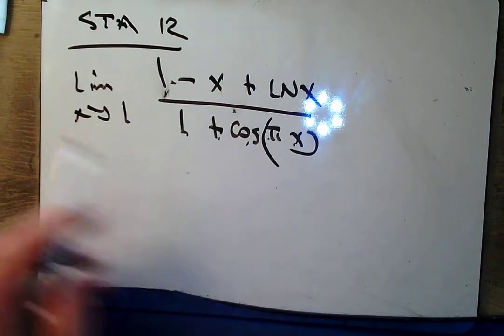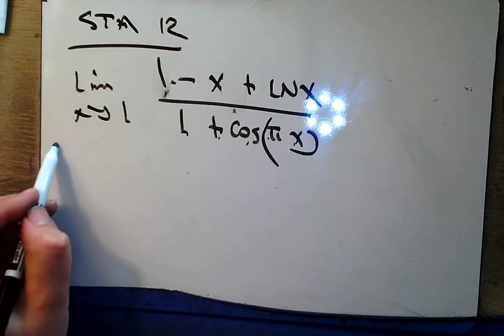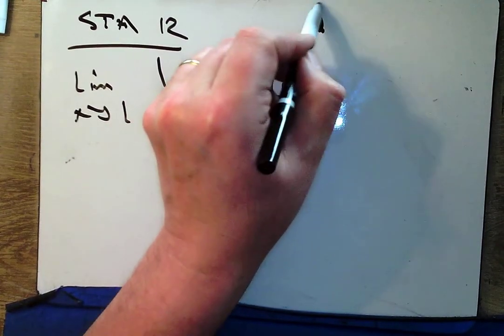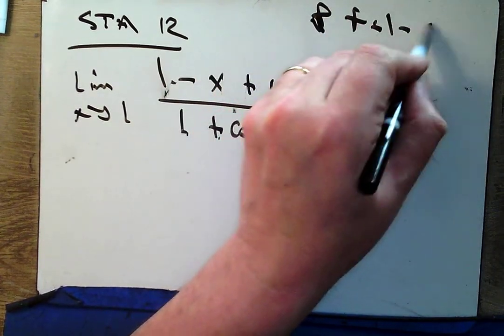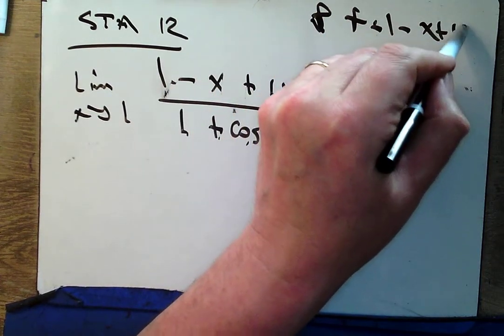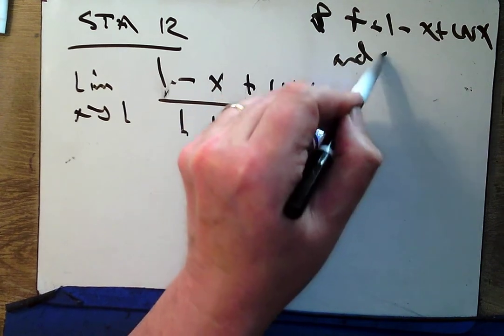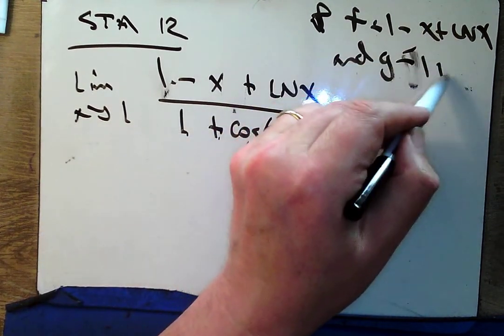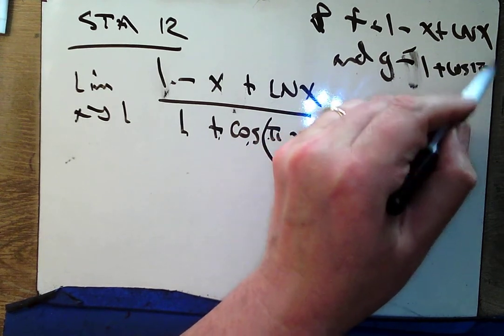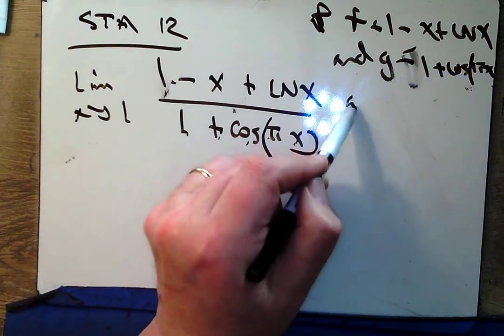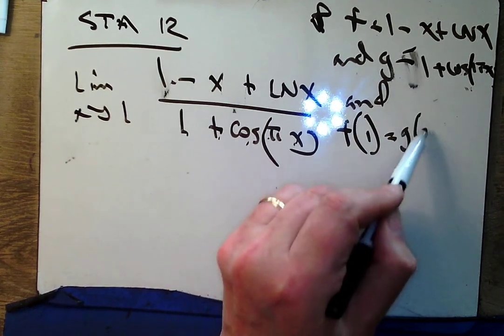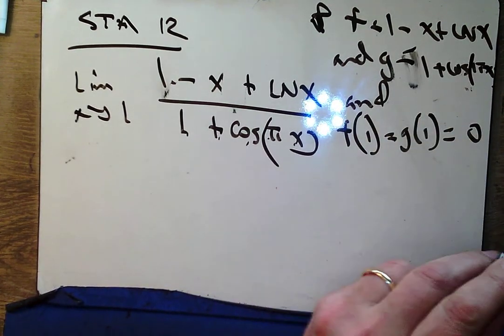Okay. So, if f equals 1 minus x plus ln of x and g equals 1 plus cosine pi x, and f of 1 equals g of 1 equals 0. That's so much easier.